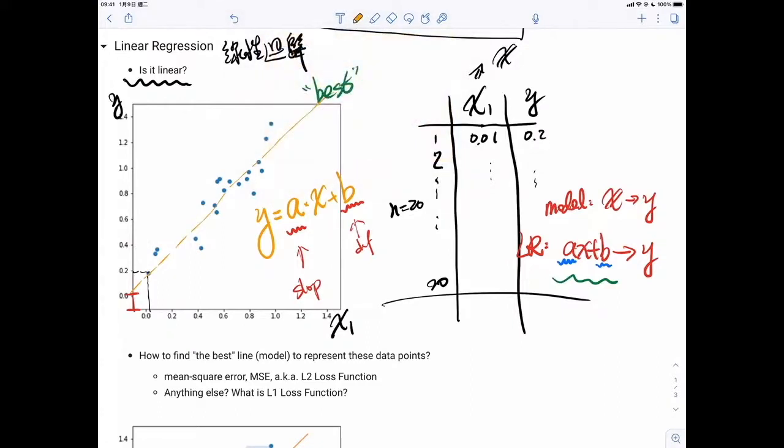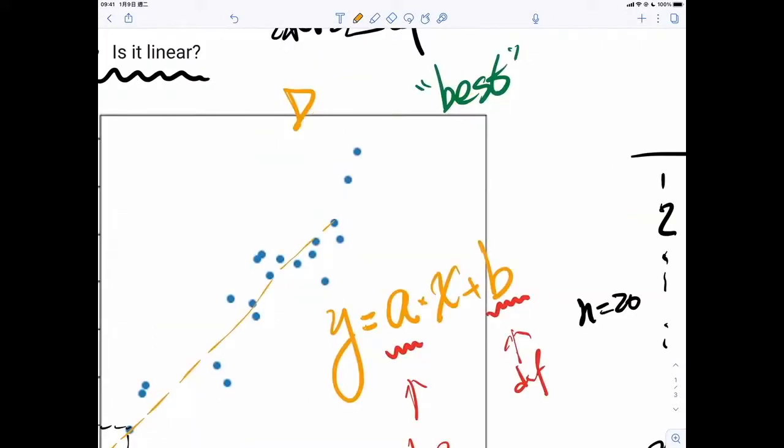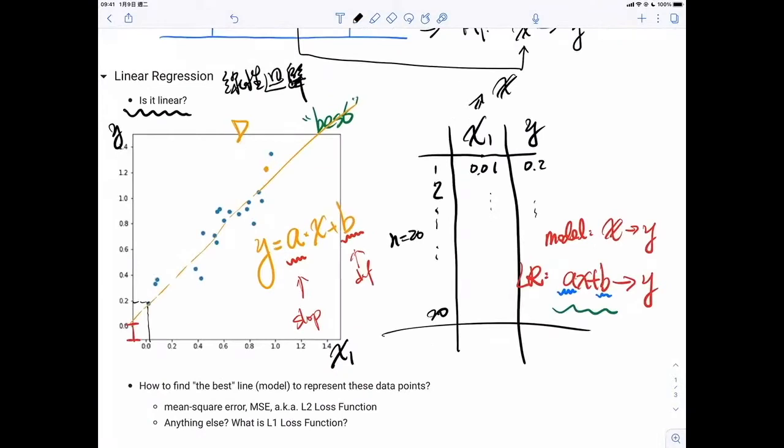For example, right here, this data point D, the actual point is right here, right? When you input x1, y1, this data point, into this linear regression model, the y hat it outputs is right here.